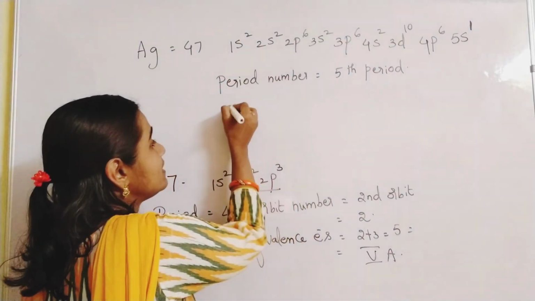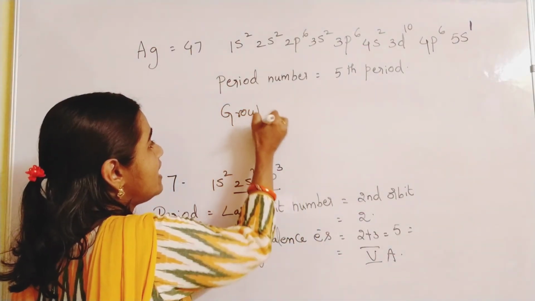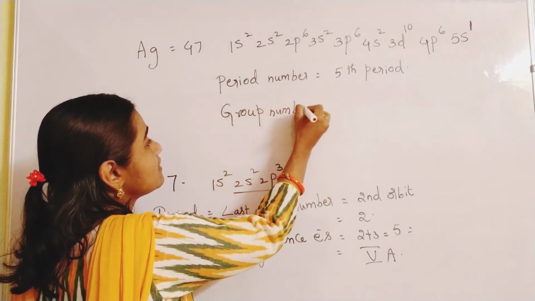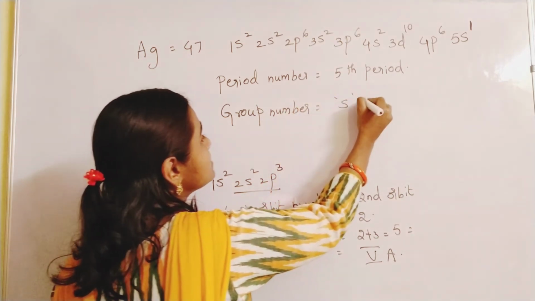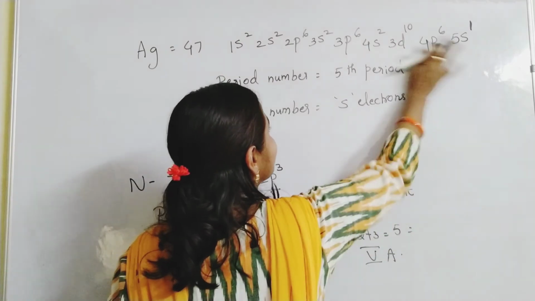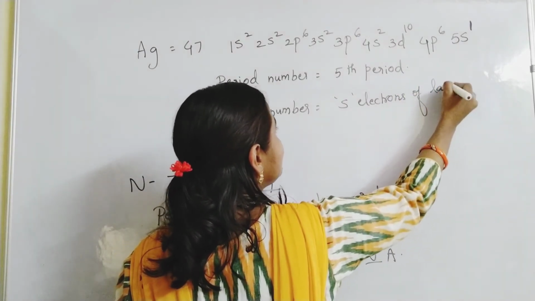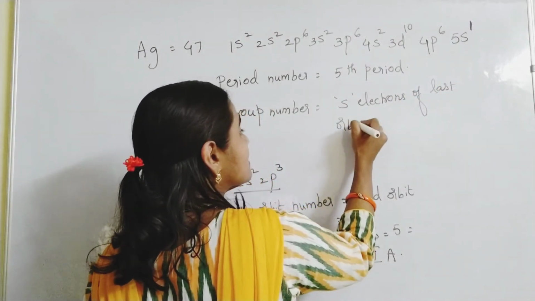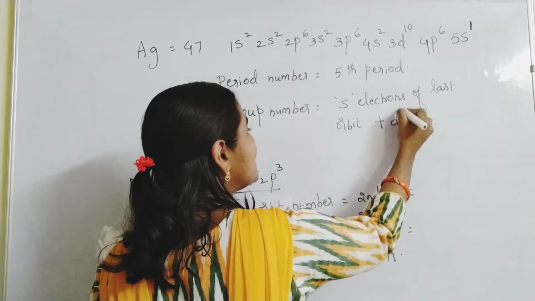So period number is 5th period and group number is the s electrons of the last orbit plus the d electrons of the last but one shell.